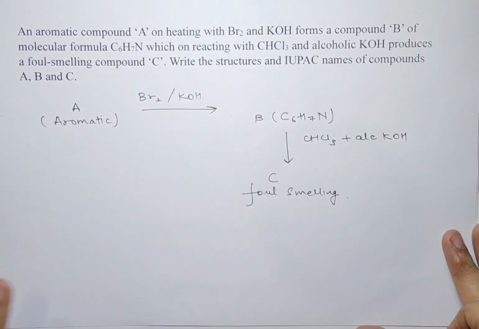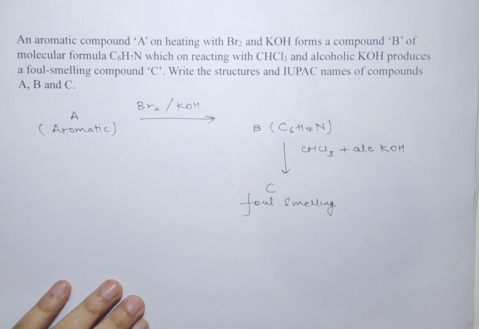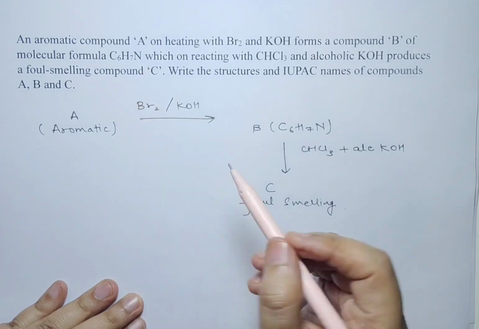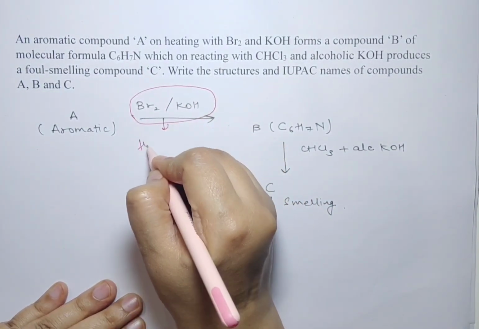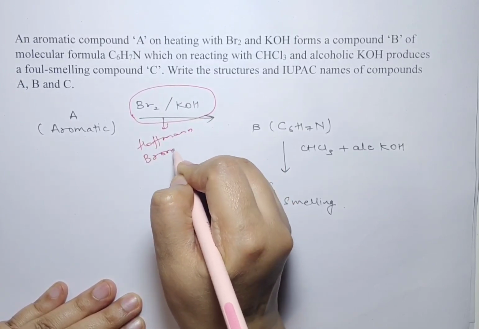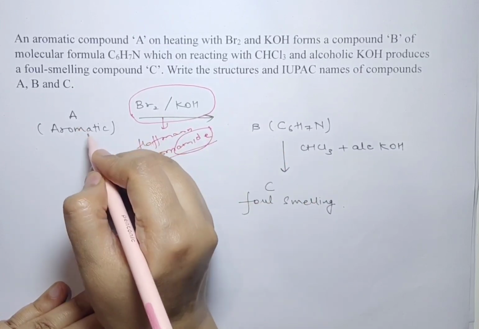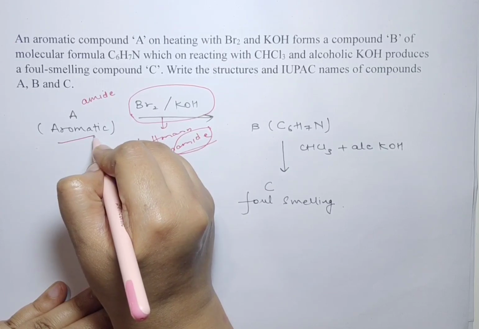An aromatic compound A, upon heating with bromine and KOH, forms a compound B with molecular formula C6H7N. So if you remember this reagent, this is Hofmann bromamide reaction. Bromamide, that means this has to have an amide, and this is also aromatic.